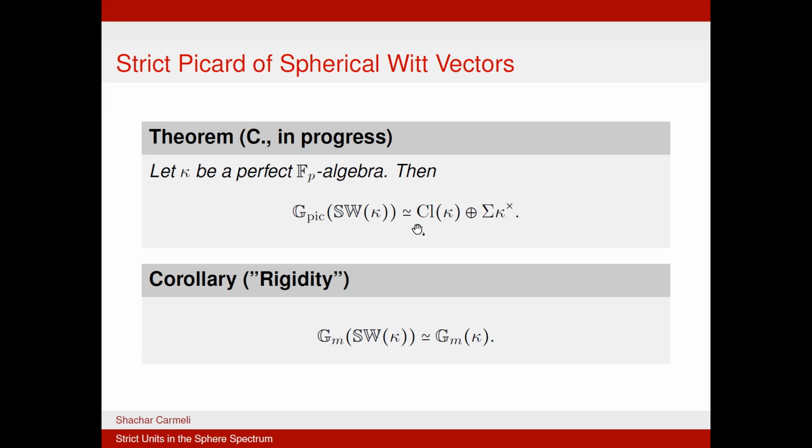And the first is telling us, in some sense, that strictifying the Picard spectrum has the effect of classifying it, namely killing all suspensions and leaving only the things which are discrete. That's how I would like to think about those two results. In any case, this is a quite wide collection of E-infinity rings for which we can now compute those invariants.